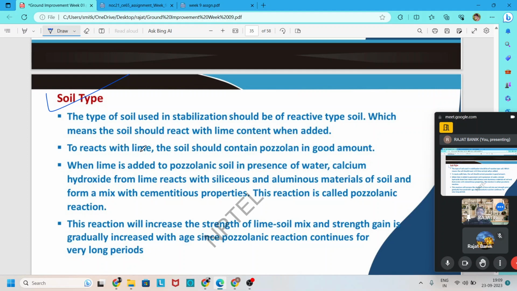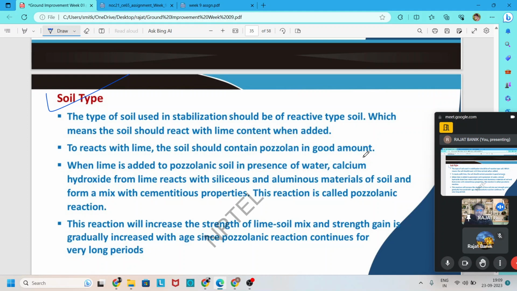To react with lime, the soil should contain pozzolana in good amount. Pozzolana in the sense silica and alumina should be present in this soil. Then only the reaction between the lime and soil happens and cementitious material is formed.